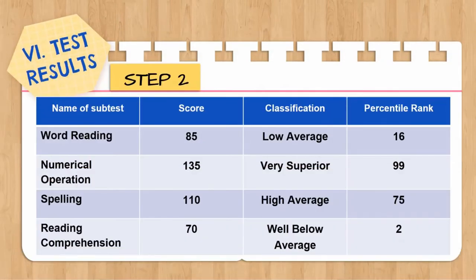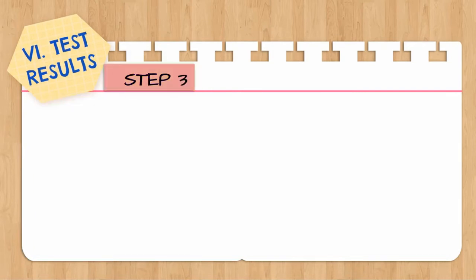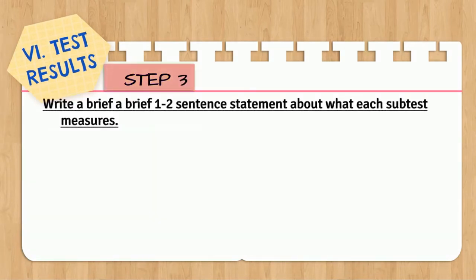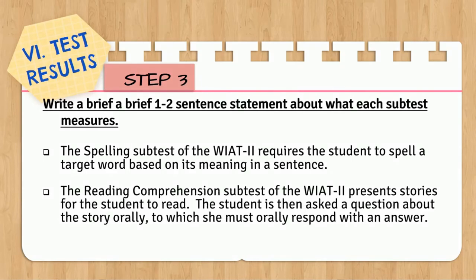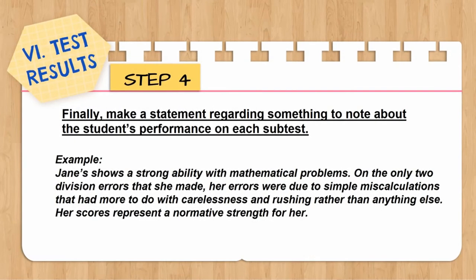So this is the example of a table in writing the test results. Step 3 is to write a brief 1 to 2 sentence statement about what each subtest measures. So the example of this 1 to 2 sentence statement is: so moving on to the next step, make a statement regarding something to note about the student's performance on each subtest.